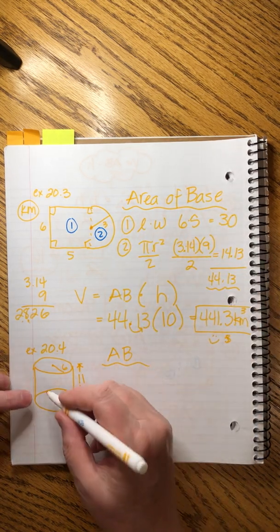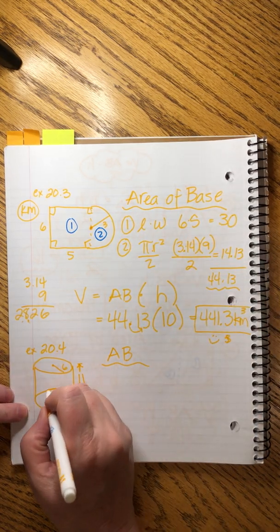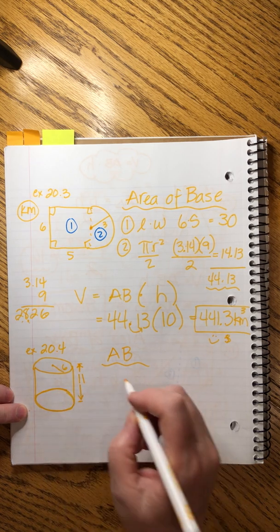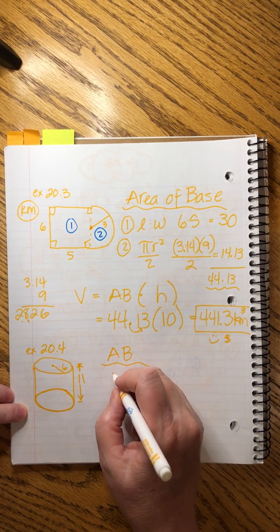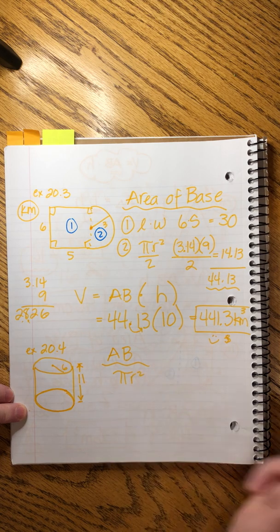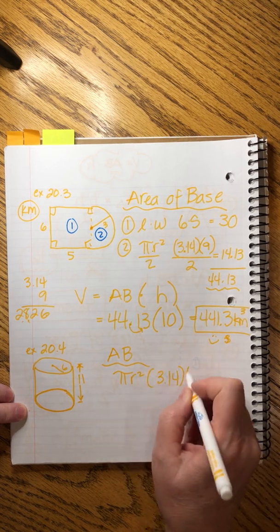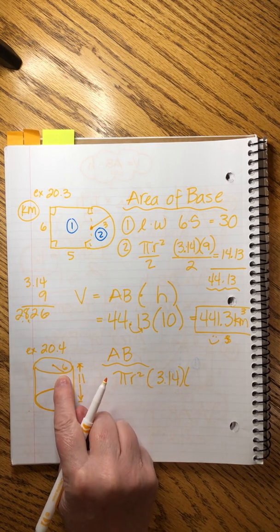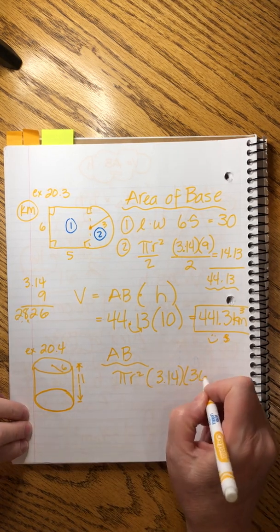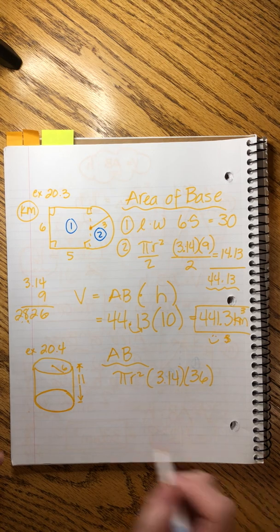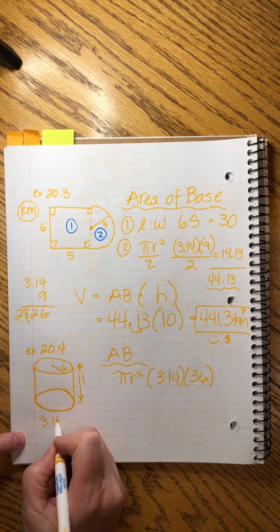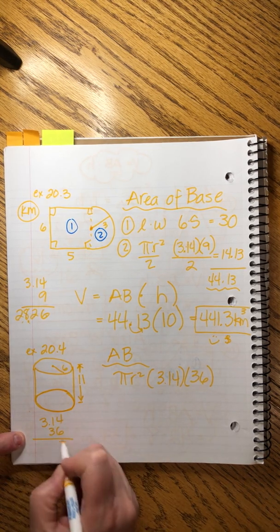The area of the base, and this, we just have this circle. That's all that we have. So it is a circle. It's pi r squared, right? Which is 3.14 times the radius squared. 6 squared is 36. I'm going to do that multiplication right here. 3.14 times 36.